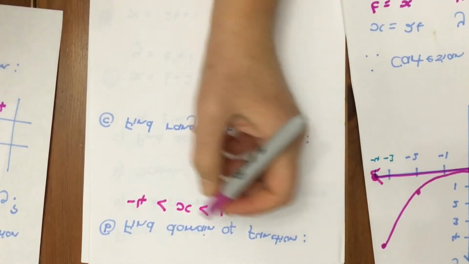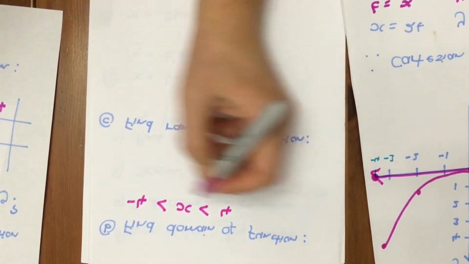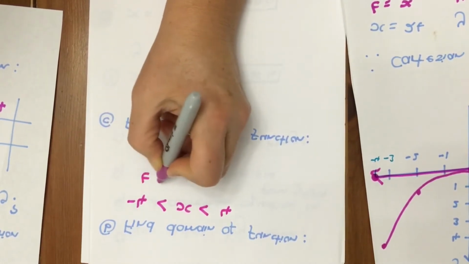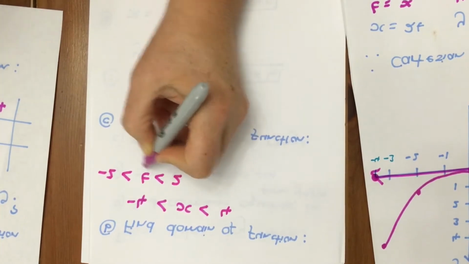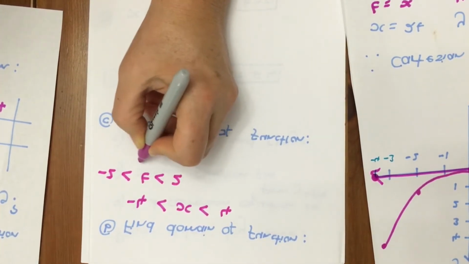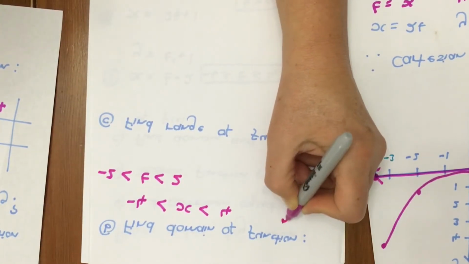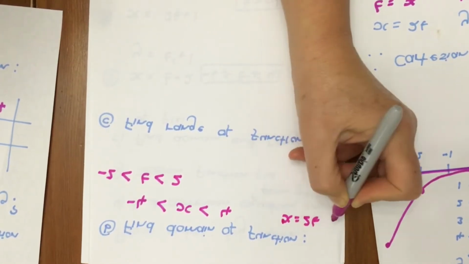Now I could have done that from the range of t. I know x is the same as 2t.